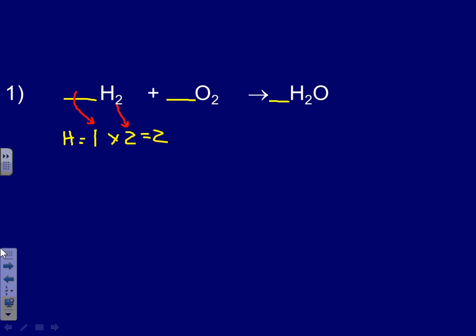And I can do the same with the O's. O, 1 times 2. So how many O's? 2. Now I'm on the right side. I'm going to put a little line there to divide that up.